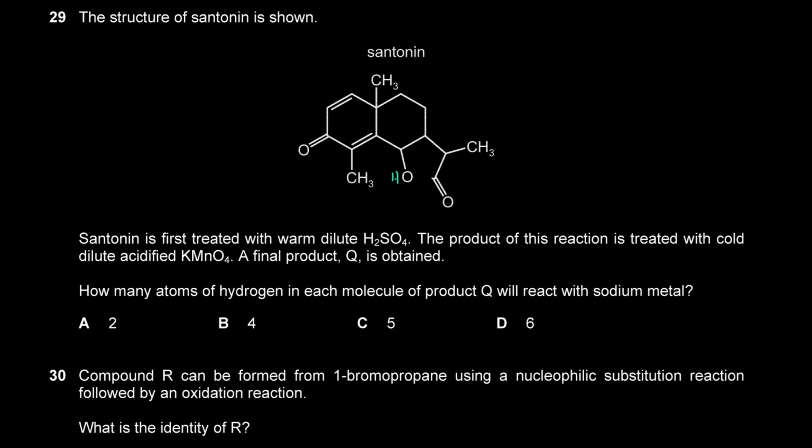So the ester is hydrolyzed, and we get a carboxylic acid and an alcohol. Then we react the product. Okay, this is the product. We react it with cold dilute acidified KMnO4. Cold dilute acidified KMnO4 is used for the weak oxidation of alkenes.